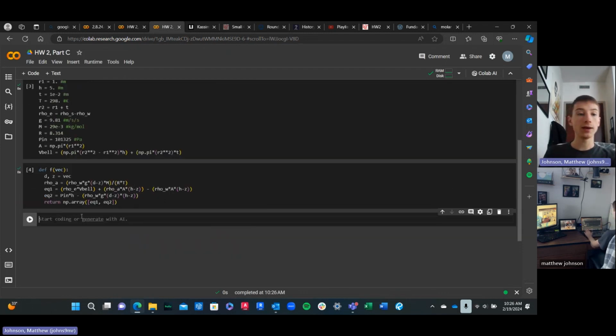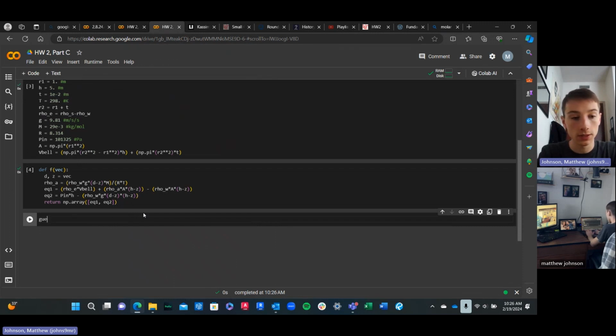Okay, I think that should work out for us there. Now all we have to do is carry out the SciPy optimize root function. So, like I said, the SciPy optimize root function takes a guess first for the variables it's trying to solve for. Obviously, we're trying to solve for d and z. Those are the variables the vector function is defined by. So we need to make a guess for d and z.